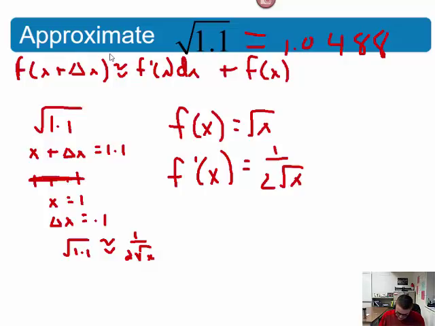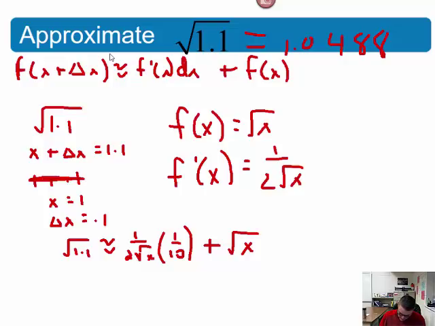What did we say delta x was? 0.1, which I'll write as 1/10. Plus f of x, which we said was the square root of x. Now, what's x? I told you that x was 1. So I'm going to plug in 1 for x. Be careful again: this is dx, which is approximately delta x. That's where the 1/10 comes from.